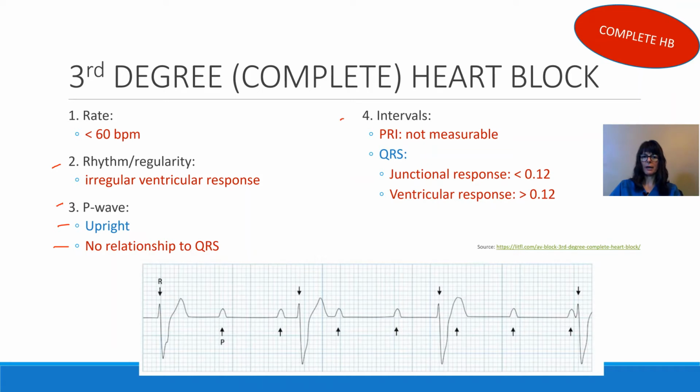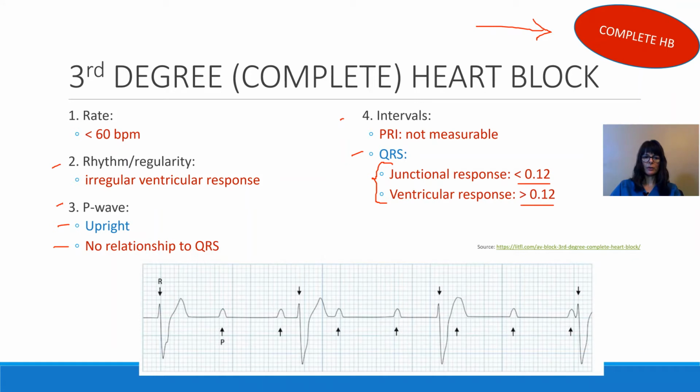Therefore, the PRI is not measurable, and the QRS can be less than 0.12 or greater, depending on where this response comes from in the conduction system. This is the only heart block that is complete, and as you can imagine, it is the most severe of the heart blocks.